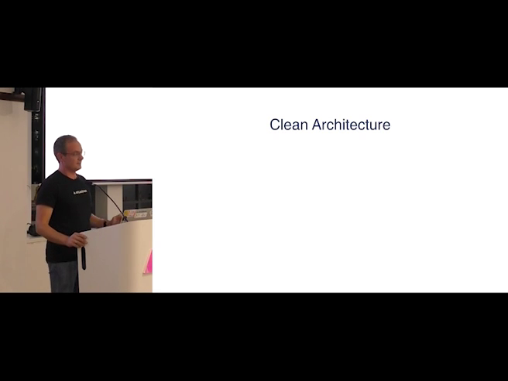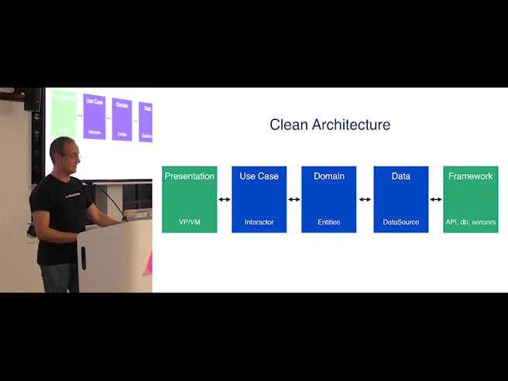We need to understand that this is not the only one. There are a lot of other general purpose architecture frameworks and architectural approaches that we can use. I just wanted to cover clean architecture because it saved me a couple of weeks, or maybe a couple of months, of time once, and I'm going to talk about this later.